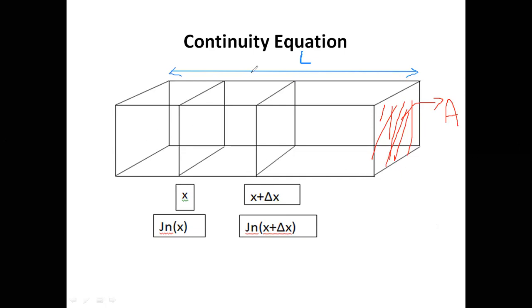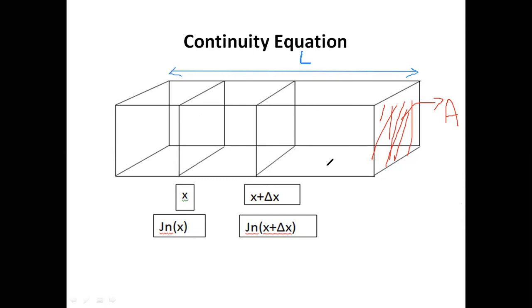If I cut the semiconductor at this place, or at this place, the cross section area is A. Now I am applying some voltage here, and current will flow in the semiconductor material. If charge carriers inside the semiconductor move, then only it constitutes electric current.